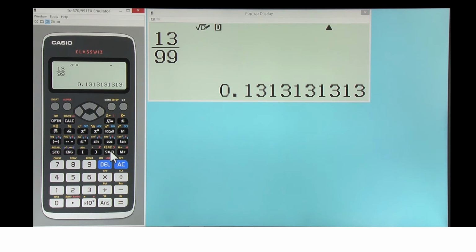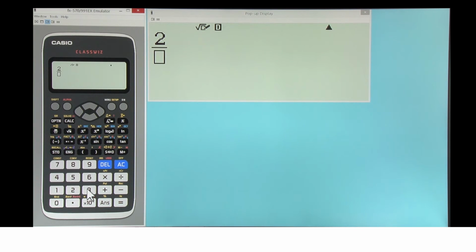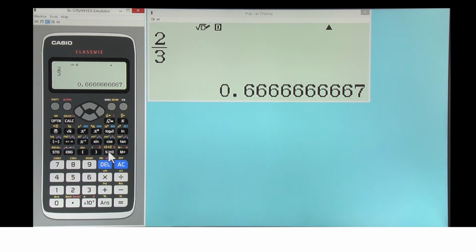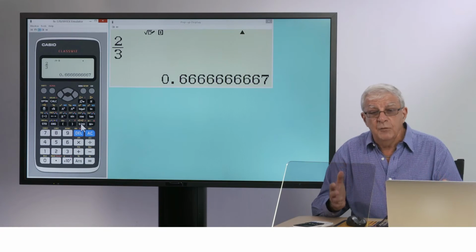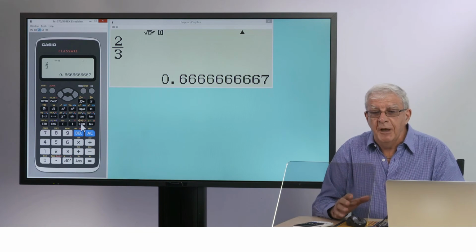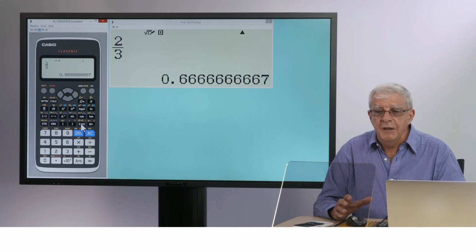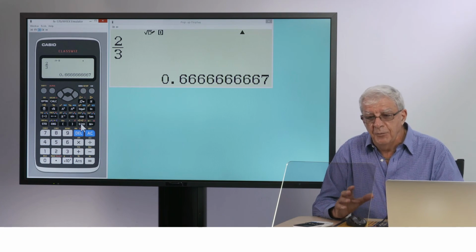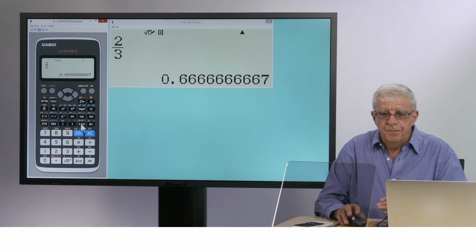In some cases, the way the ClassWiz rounds numbers might give an impression that the decimal is not in fact repeating, like this one, 2/3. When we turn it into a decimal, it doesn't seem that all the numbers are the same. The last one is a 7. Students need to think deeply about the idea of a recurring decimal to understand what is happening here. But ClassWiz provides both the motivation and the means to do this.